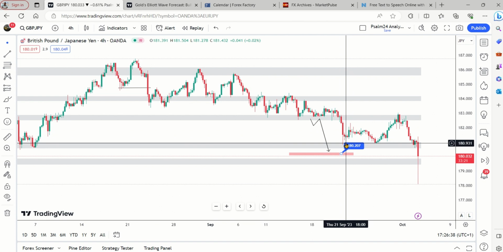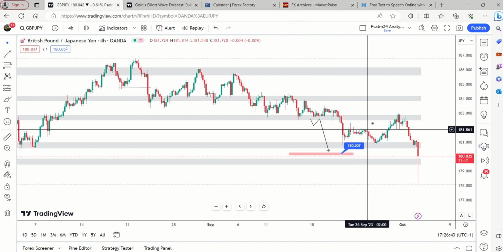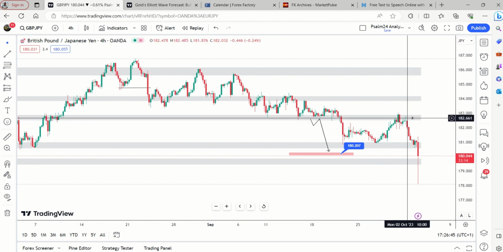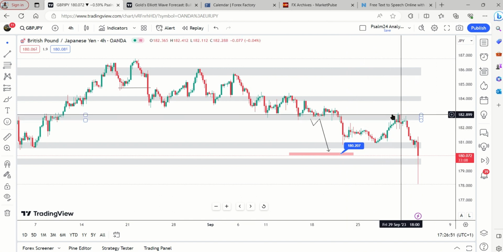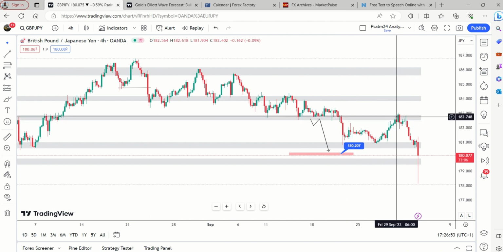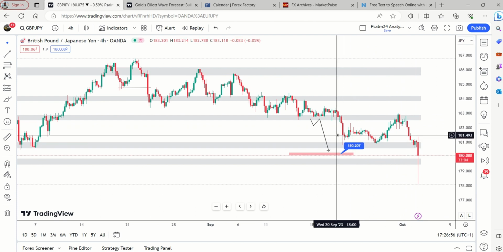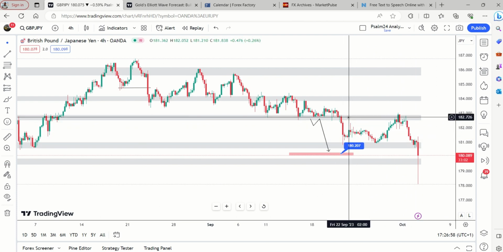And I told our subscribers that the market had a tendency of going back to this support turned resistance area and then becoming a resistance zone for the market to drop. And that was exactly what happened.